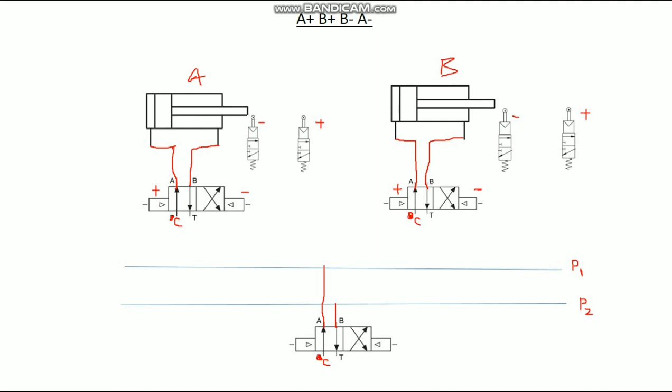Next we have to make some direct connections from the pressure line. Pressure line 1 gives the operations of A plus, B plus. So you give direct connection from pressure line 1 to the limit switches of A plus and B plus. This is the limit switch for A plus.